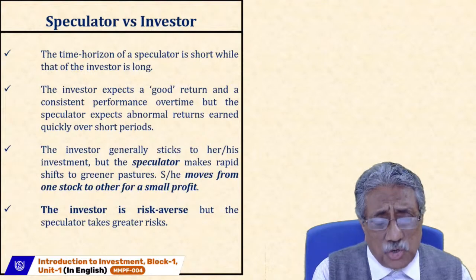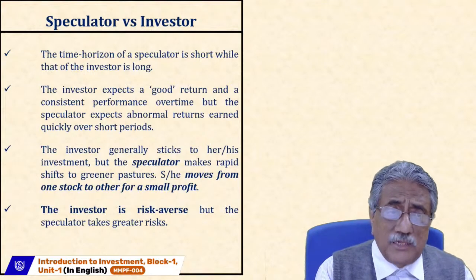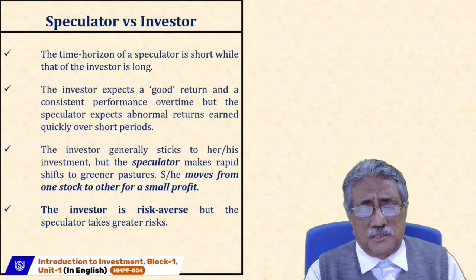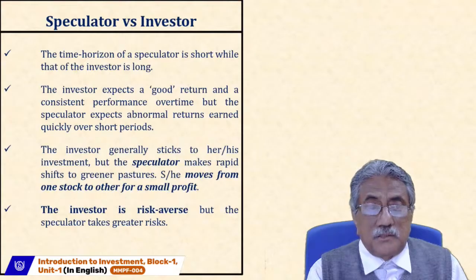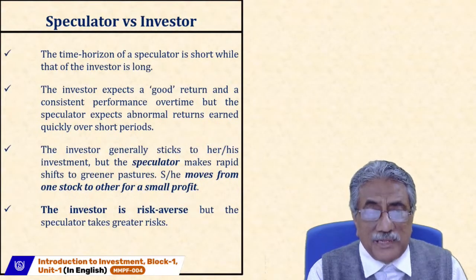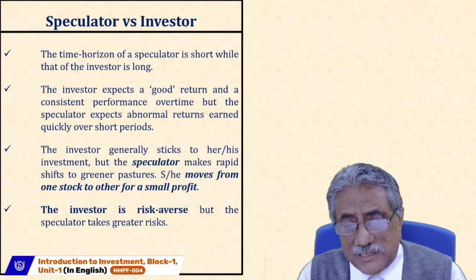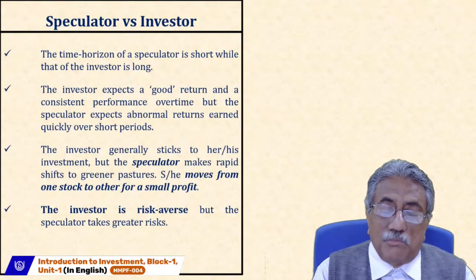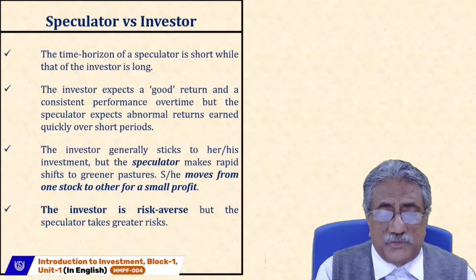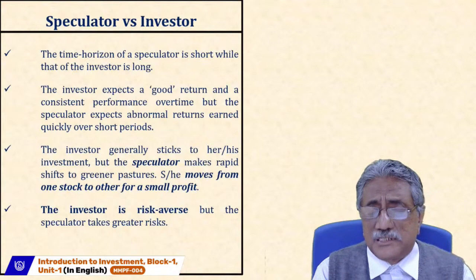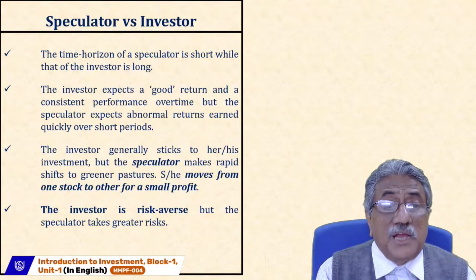If he gets the information that this stock is going to do well, in 6 months it will be jumbo, and they invest their money there, and something goes wrong or doesn't happen like that because the management is not good, all information is not there, so they do not make money, but they do take high risk. So for the speculator, high risk may not necessarily mean high return.